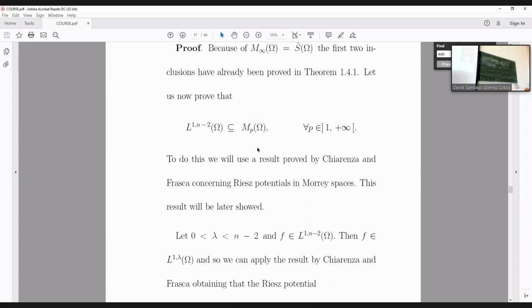What we need is an instrument that we will see later, that was proved by Chiarenza and Frasca concerning the Riesz potential in Morrey spaces. We will see the proof of it later.